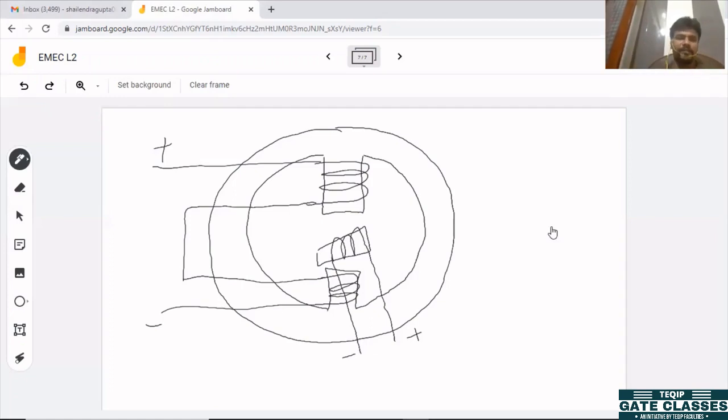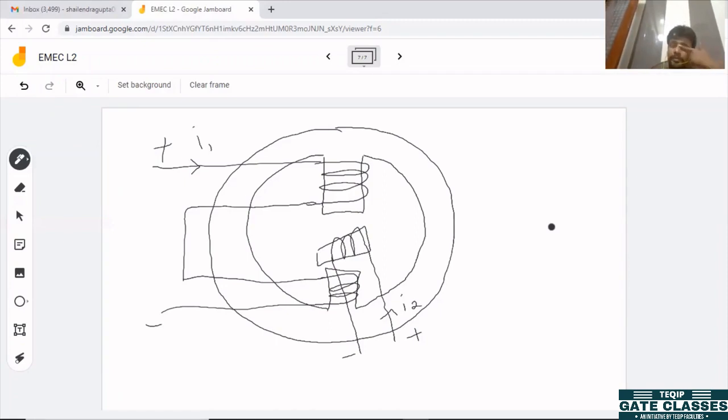Let us say I1 current is flowing in the stator and I2 current is flowing in the rotor. Now to understand these reluctance torques, let us make this I2 current 0.